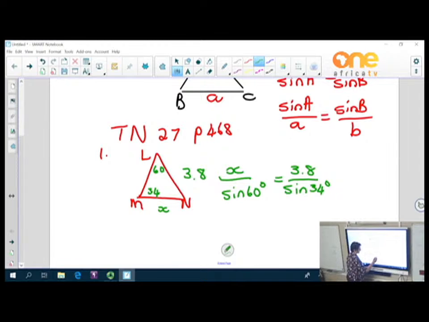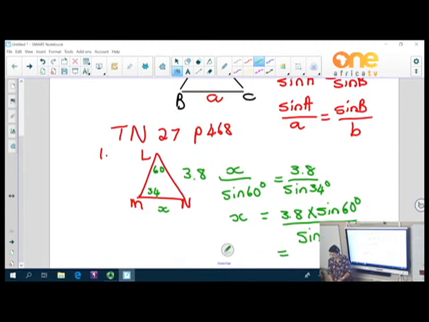I want to find x, so this is going to be 3.8. To have x alone, I will multiply with sine 60. So what I do on the one side, I do on the other side, and then we divide by sine 34 degrees. And that's then just a calculation that we're going to do on our calculators.